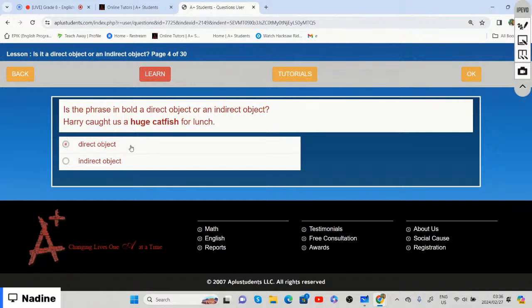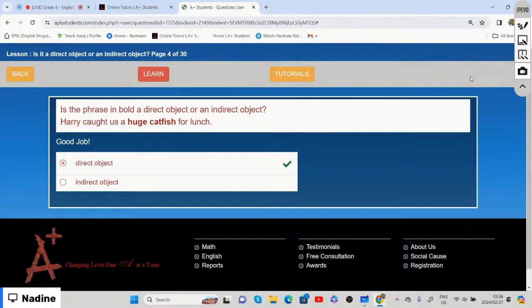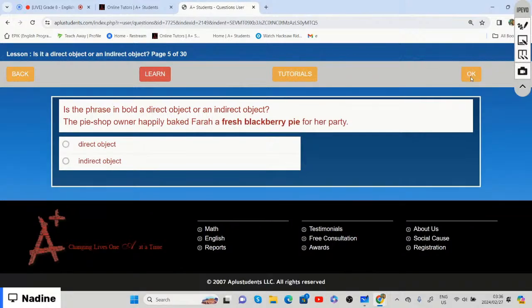And if we ask ourselves, what did Harry catch? Then we would say Harry caught a huge catfish. So that is a direct object. Remember, an indirect object comes between a verb as well as a direct object.